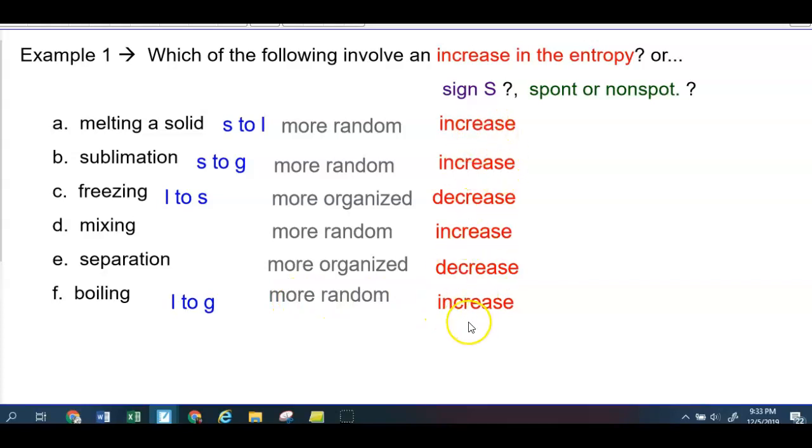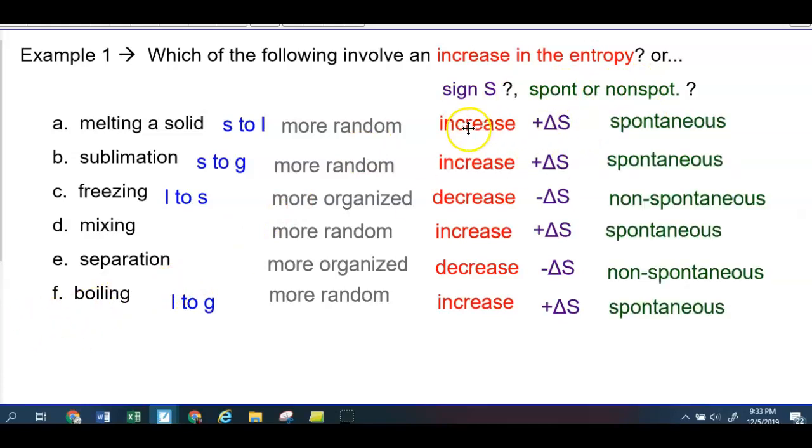Now, if we know it's an increase in entropy, we can figure out the sign for delta S, or predict what the sign would be. So more random is positive, more ordered is negative delta S, and so on. Hopefully you get the idea. And then we can also talk about whether it's spontaneous or non-spontaneous at standard conditions.